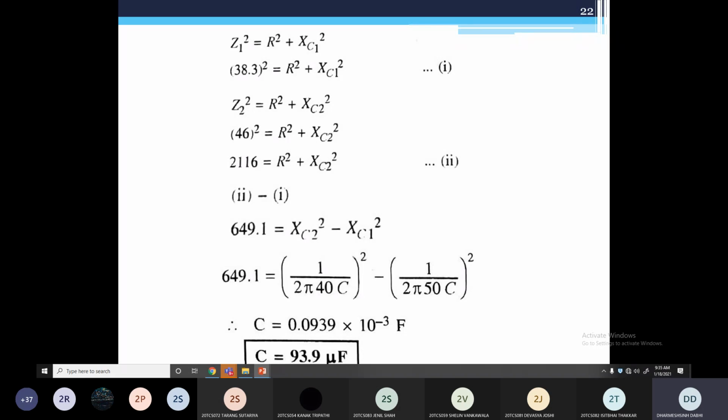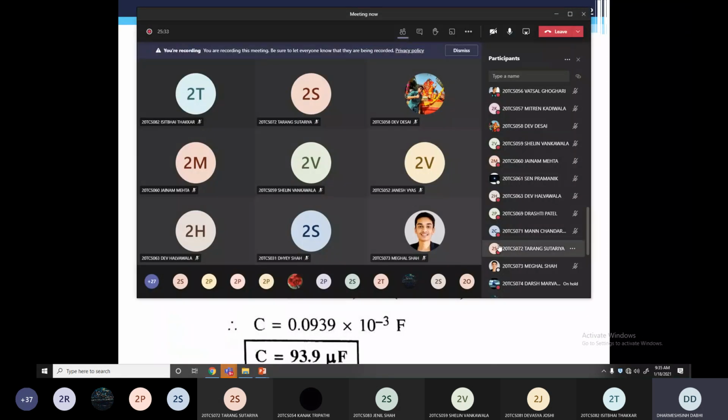Value of R. Yes, Manan Sudhav. Have you calculated? Roll number 71. No, it is the wrong answer. Okay. Next.